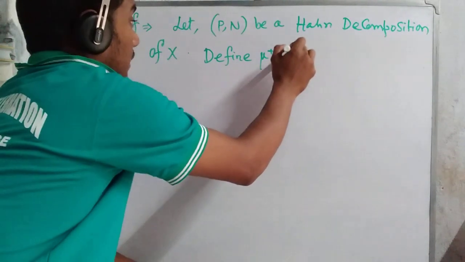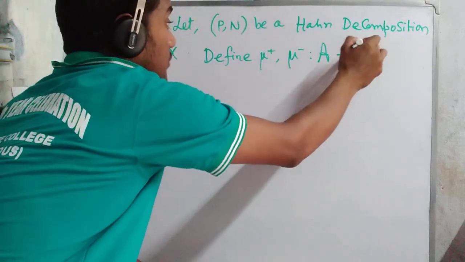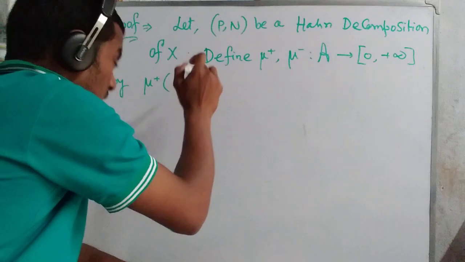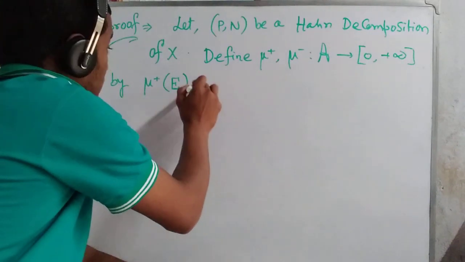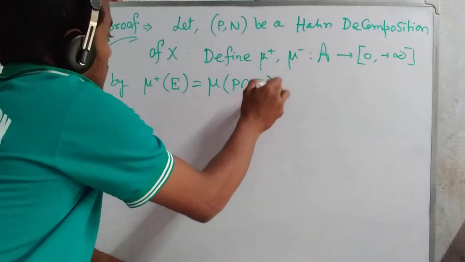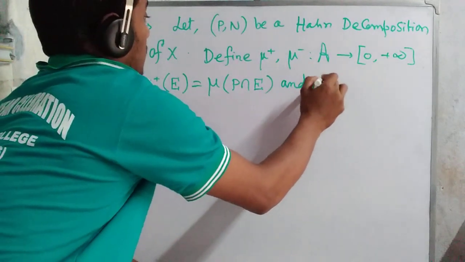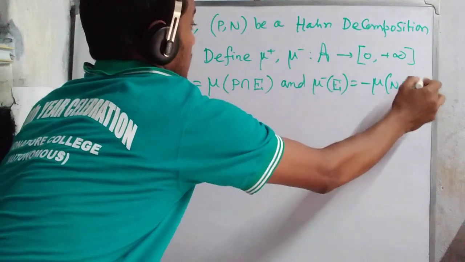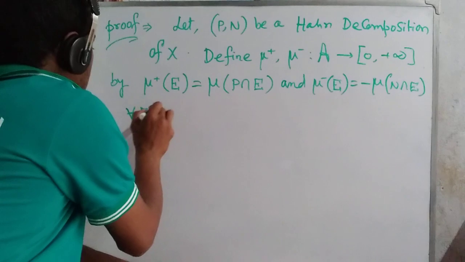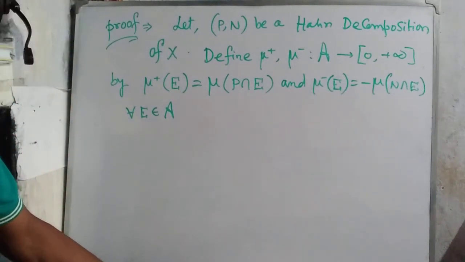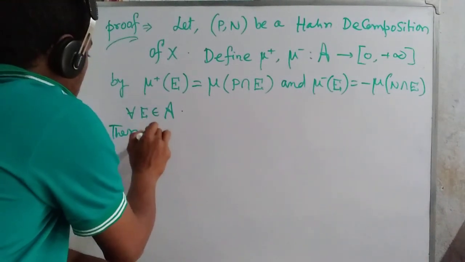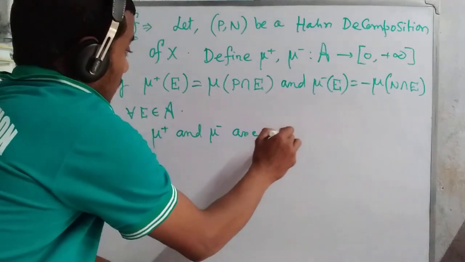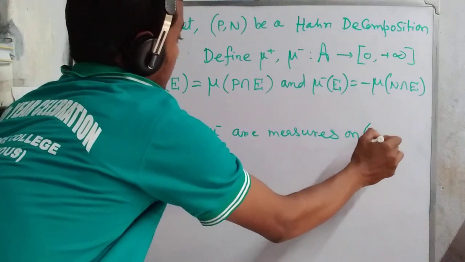Now we define μ⁺ and μ⁻ from the σ-algebra to [0, ∞] by μ⁺(E) = μ(P ∩ E) and μ⁻(E) = −μ(N ∩ E), for all E in the σ-algebra. Then μ⁺ and μ⁻ are measures on (X, 𝒜).